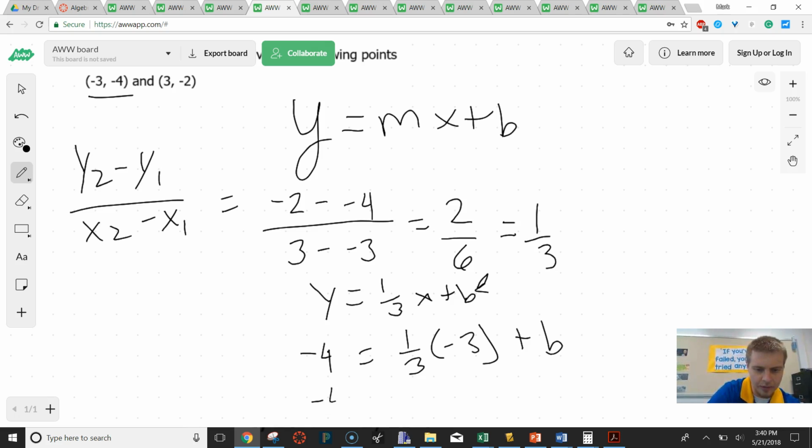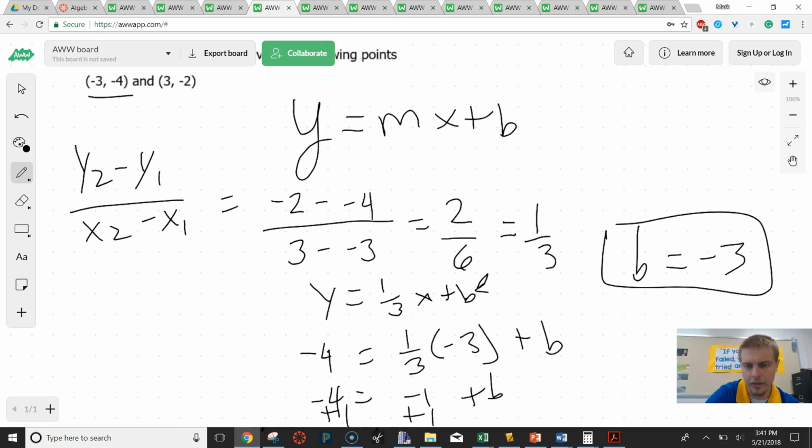And then when I do that, I'm going to get negative 4 equals negative 1 plus b. I'm going to add 1 to both sides. And I'm going to find that b is equal to negative 3. So my line equation would be y equals 1/3 x minus 3.